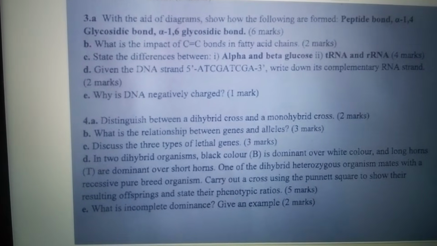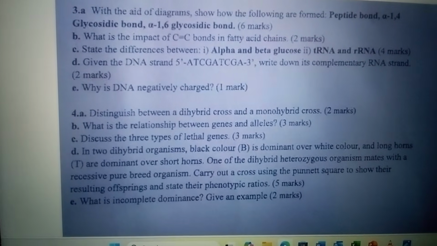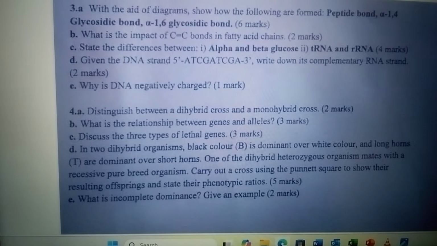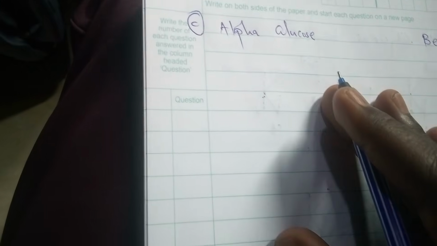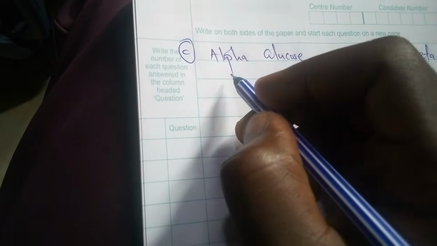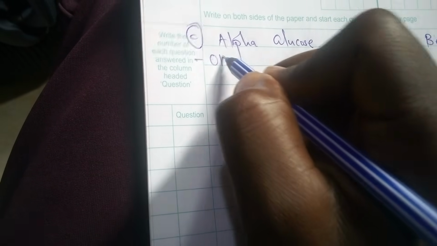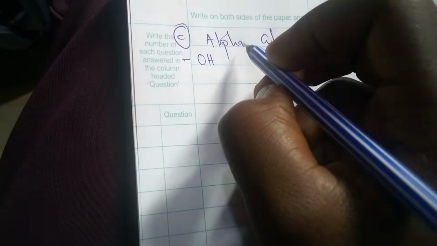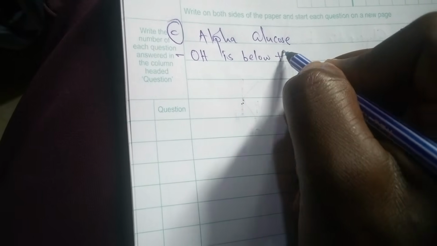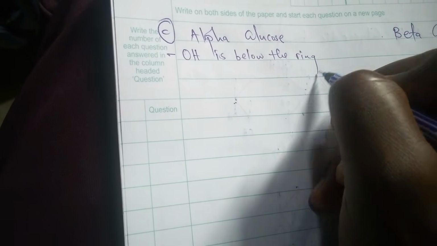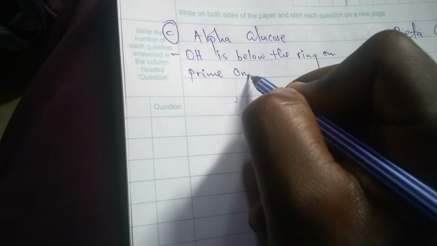So they are saying state the differences between alpha and beta glucose, also transfer RNA and ribosomal RNA. So we start. One thing that you should bear in mind is that on alpha glucose the hydroxide is below the ring on prime 1.